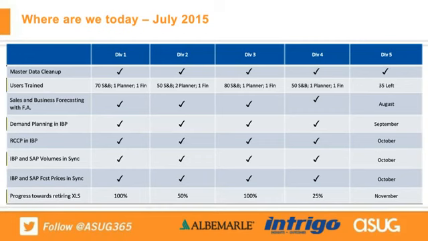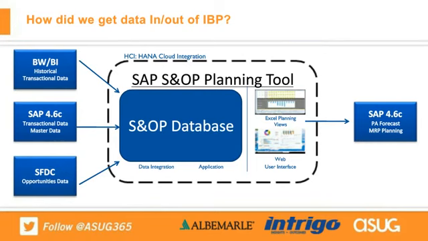Okay, so this is sort of an easy graphic for our users. We have daily, weekly, monthly jobs. Actually, we have 65 jobs in total that run daily, weekly, or monthly, and we get data out of our business warehouse environment, SAP 4.6 and Salesforce.com. We put it into the database in the sky, as we call it.